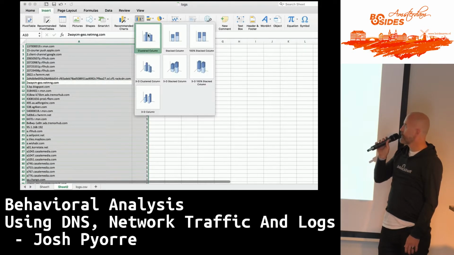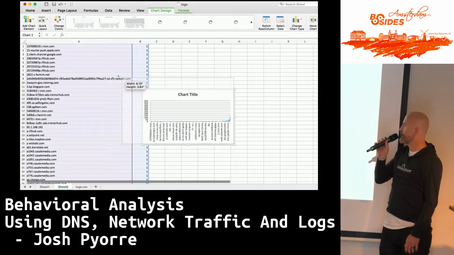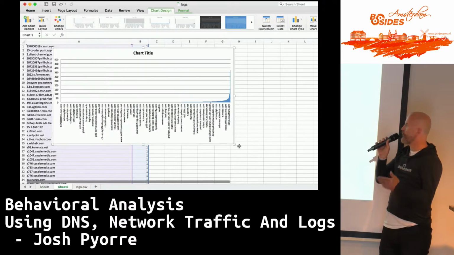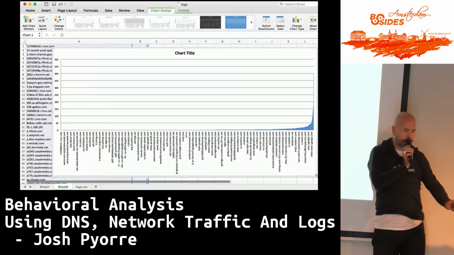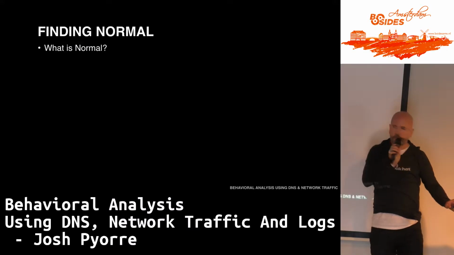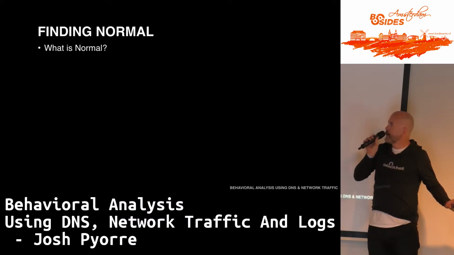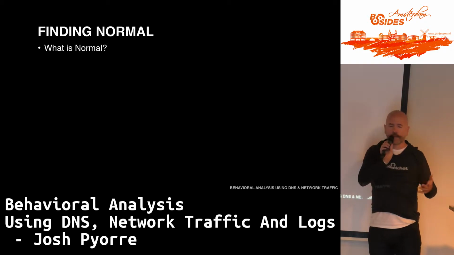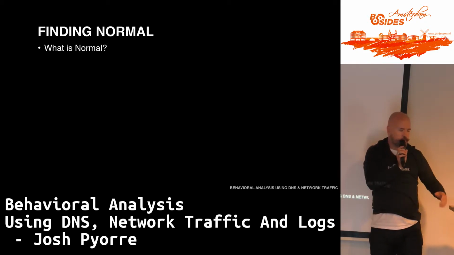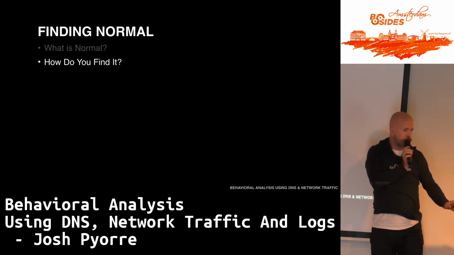It takes a while. You can get an idea of what the bandwidth looks like for certain domains. But we want to find normal so we can get rid of normal, basically. So we can find the anomalies and also get an idea of what weird stuff is going on in the network.